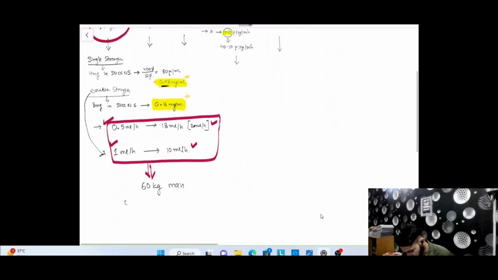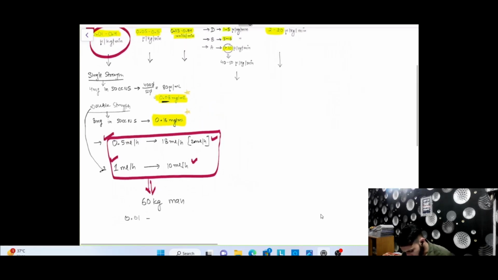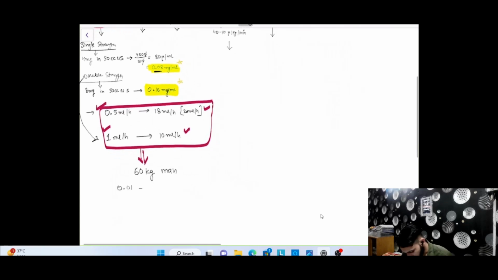If I multiply 0.01 micrograms per kg with 60, and because that is per minute, multiply again by 60 to convert into per hour, this will be 36 microgram per hour.